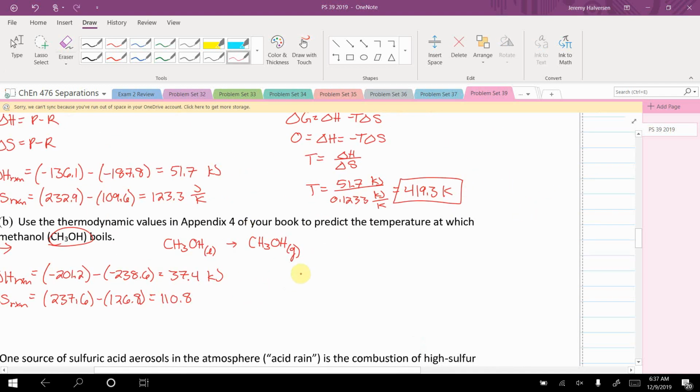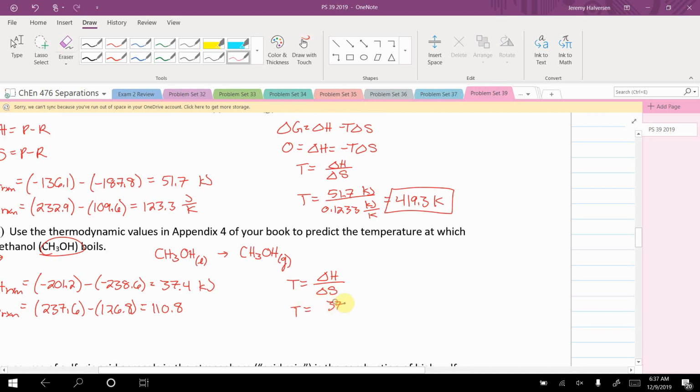Okay, and now I can use my temperature. Now, temperature equals delta H over delta S is not always true. When is it true? It's true at equilibrium, or you could say it's true right at the threshold between spontaneous and non-spontaneous. So delta G is 0, and then we get this relationship here.